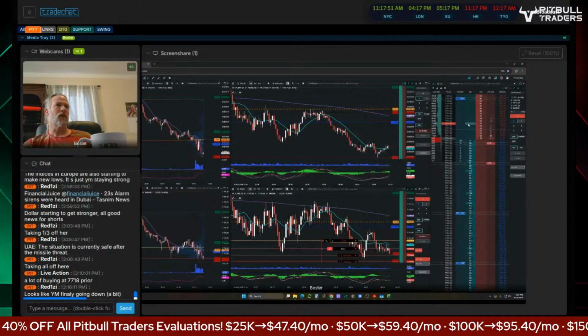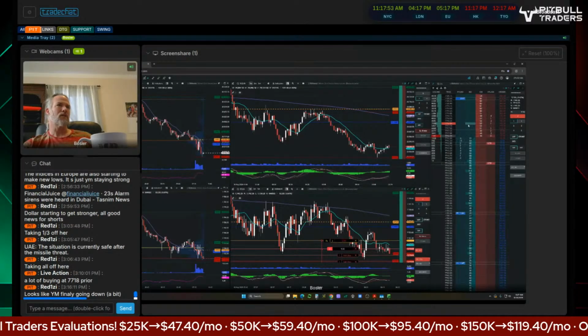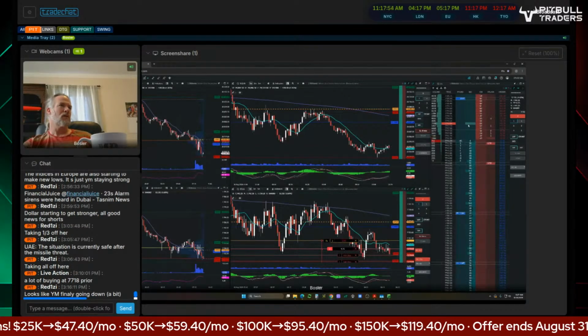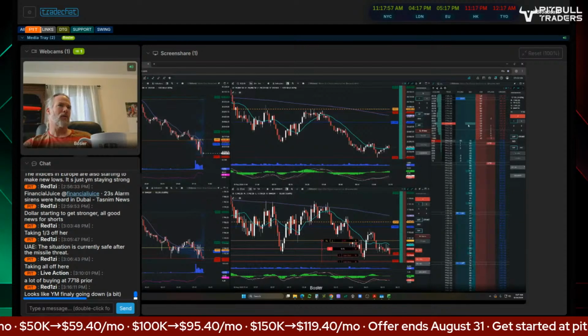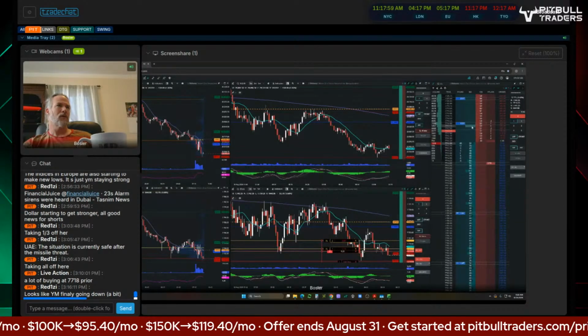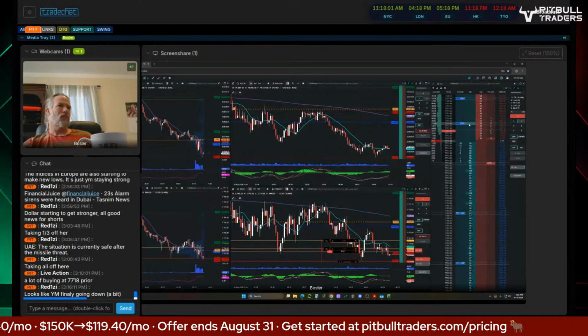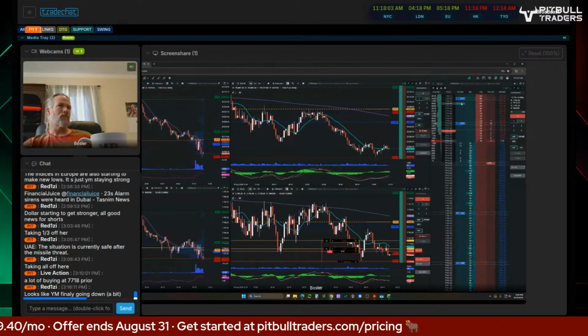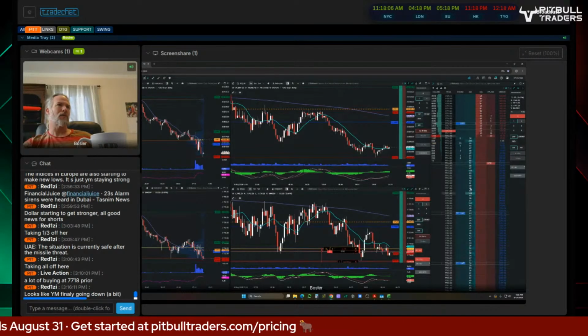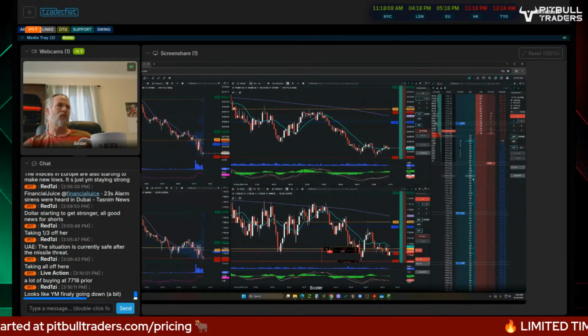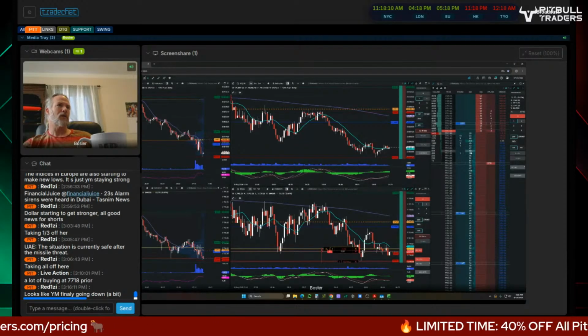So I've got a one lot to add at 16 on a sell stop, and a one lot to add at 14 on a sell stop. And then I'm just moving my stops down. I want the liquidity to sweep and to be with that liquidity.